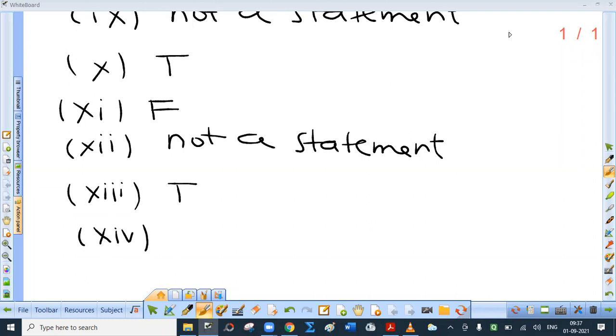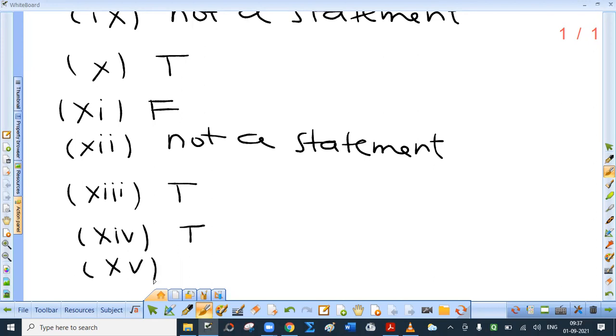It is a statement which is true, hence its truth value is T. Very good. Sum of the cube roots of unity, I hope you remember this: 1, omega, omega square are the cube roots of unity. Their sum equals 0. So this is a statement which is true. Hence its truth value is T.